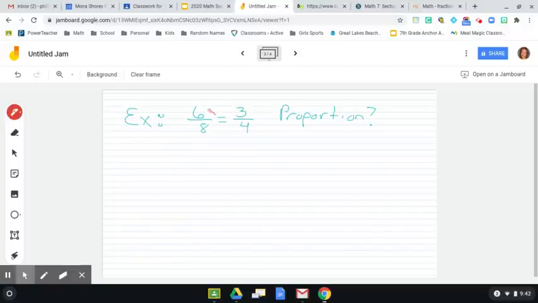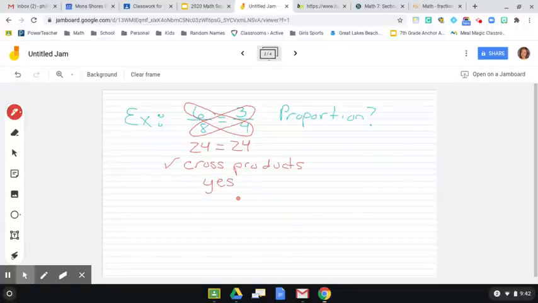So I can multiply 6 times 4 and get 24. And I can multiply 8 times 3 and also get 24. And if they are equivalent to each other by checking cross products, then you have a proportion. So I'm going to write yes. That's a proportion.